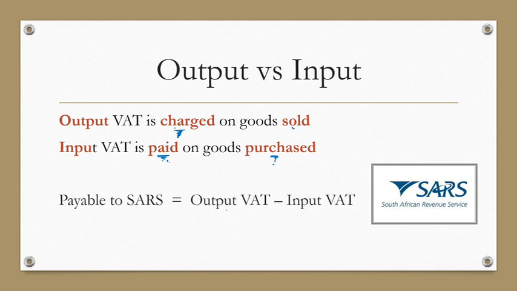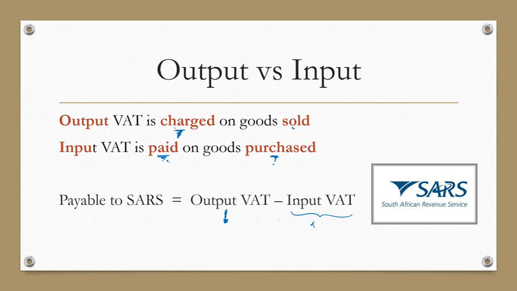This is what we received, we charged. So we've received this VAT on behalf of SARS. It doesn't belong to us, we must pay that to SARS. The input VAT is what we paid. And because we are a VAT vendor, we can say to SARS, please, the VAT that we paid on this, we can claim back.